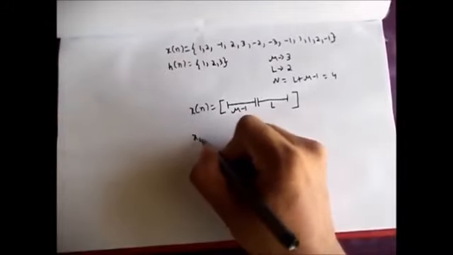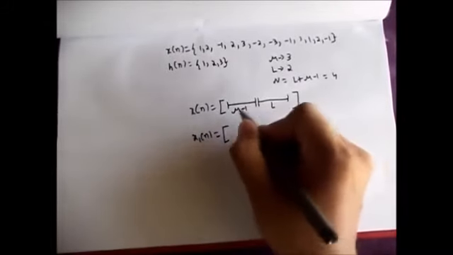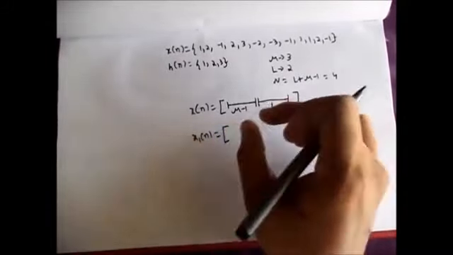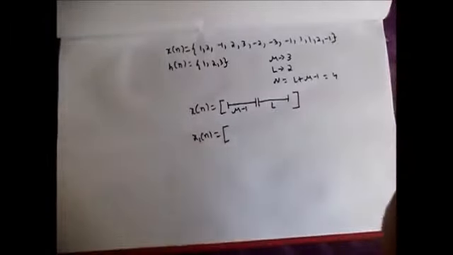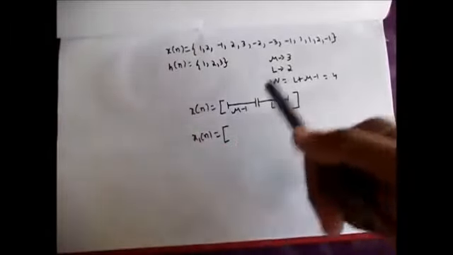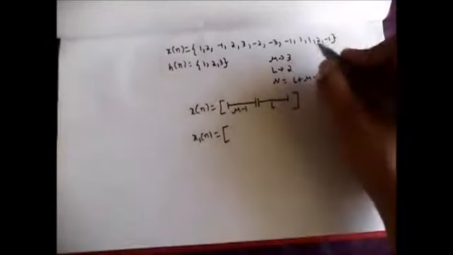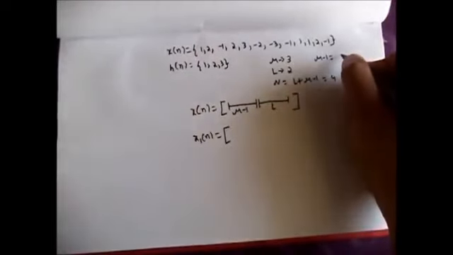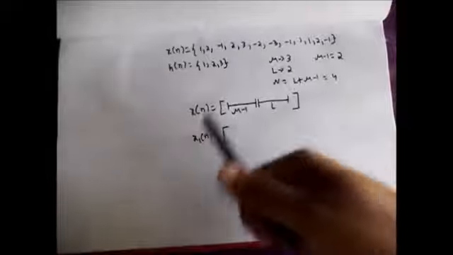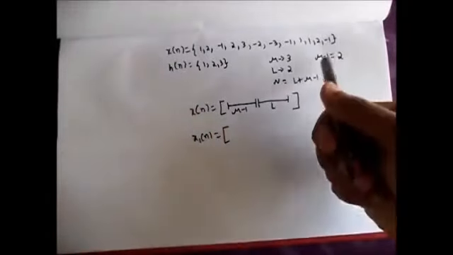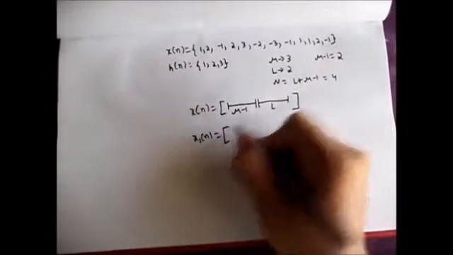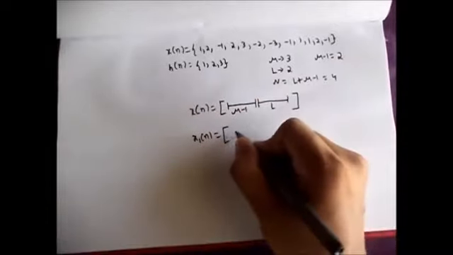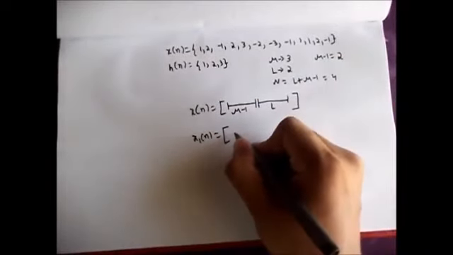For the first input data block, first I have to place the last M minus 1 samples from the previous data block. For the first input data block there is no previous data block, so first I have to find the value of M minus 1. M over here is 3, so M minus 1 is 2. As it does not have any previous data block, I'll pad 2 zeros. So as the value of M minus 1 is 2, first I'll place 2 elements.